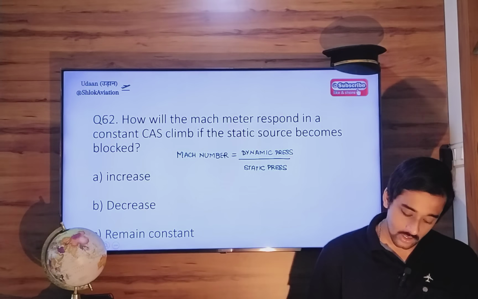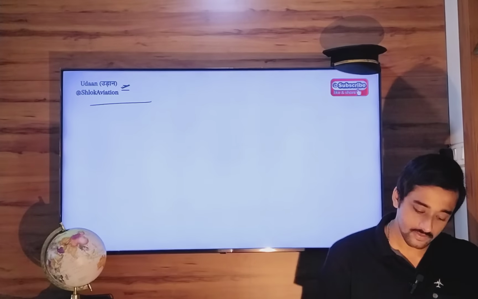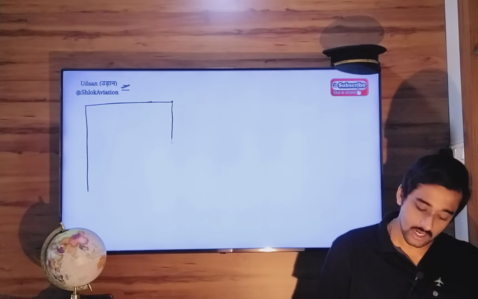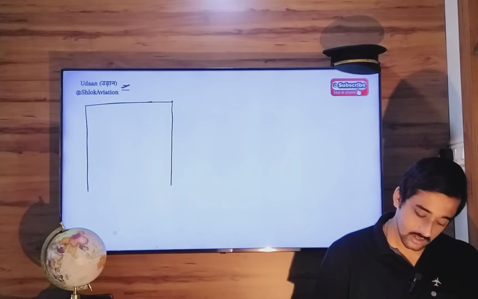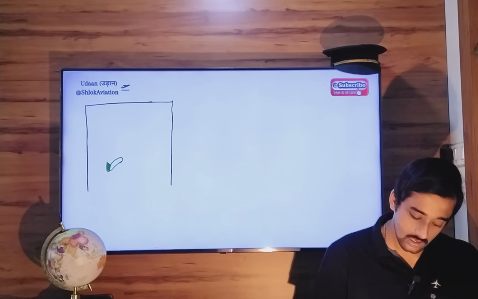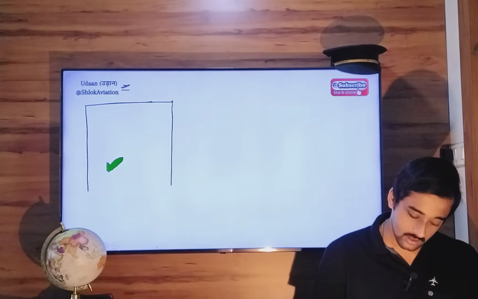Now, when you're climbing at constant calibrated airspeed, say this is that air mass, you're climbing at constant calibrated airspeed.